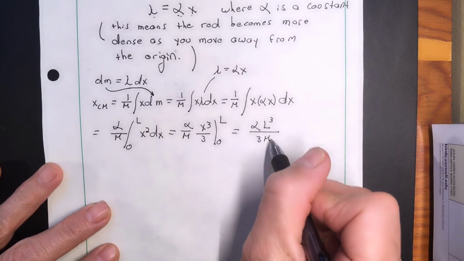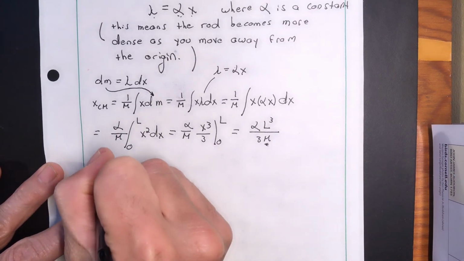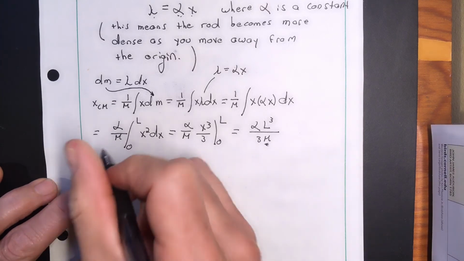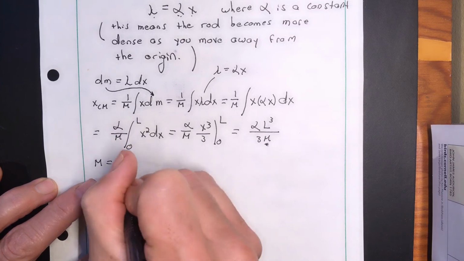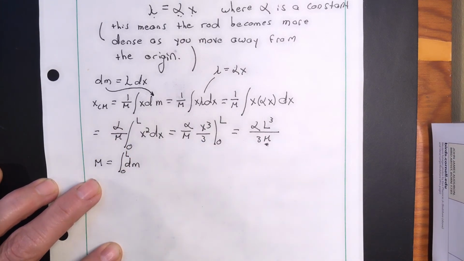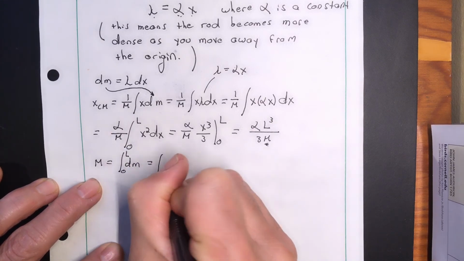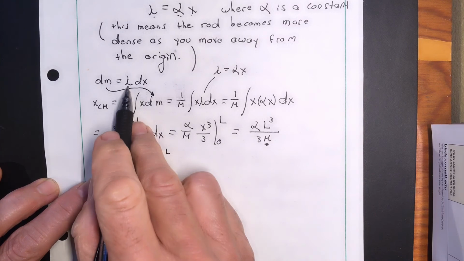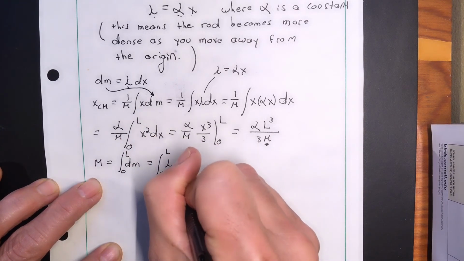And we can simplify this by looking at the mass. The overall mass is the integral along the whole rod of all those little masses. Now remember dm up here is equal to lambda dx.